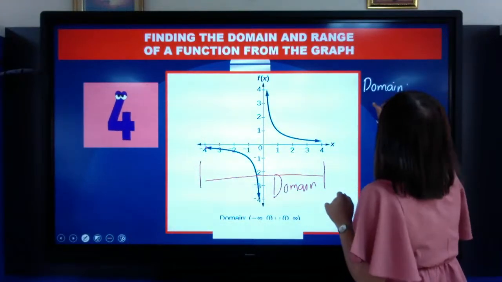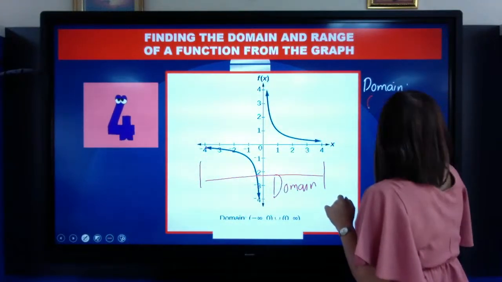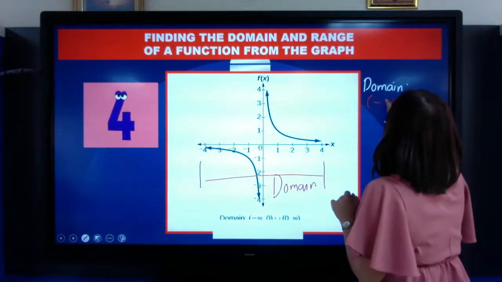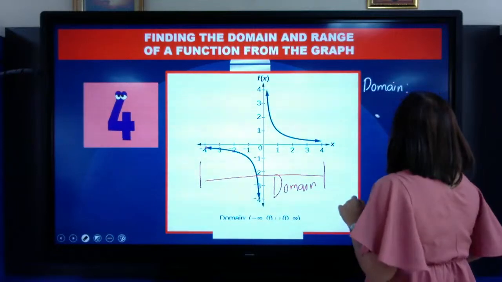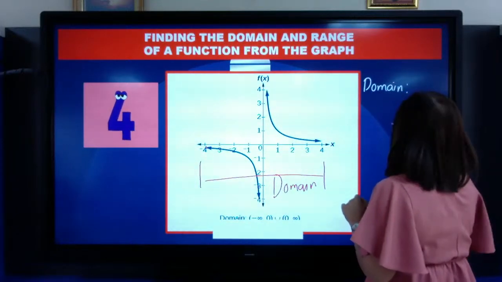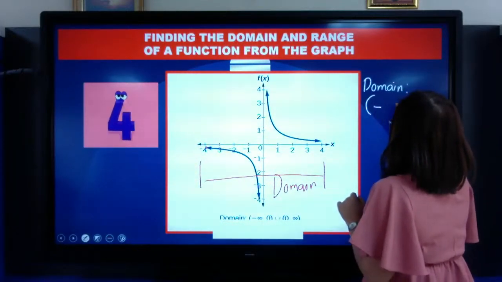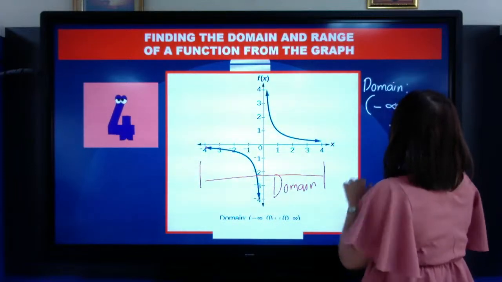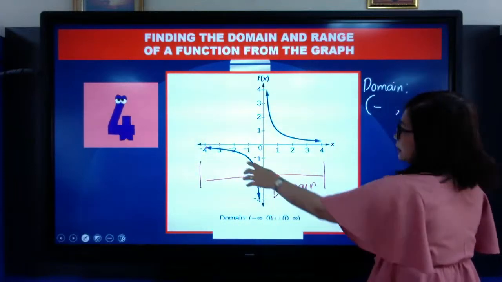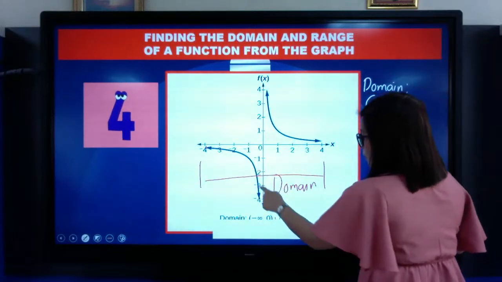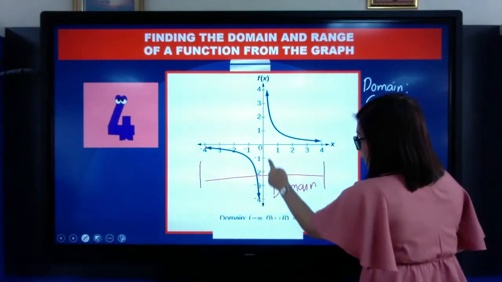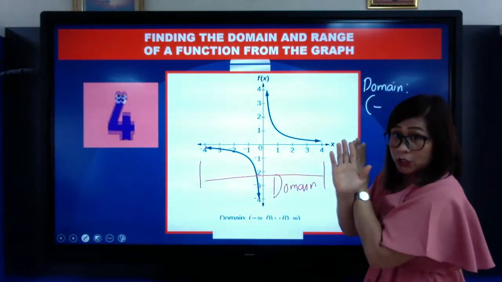So meaning your domain is open, -infinity, comma, I'll change it to white so it's easier to look at. It will not touch 0. The values of x get closer to 0, but it will not touch.